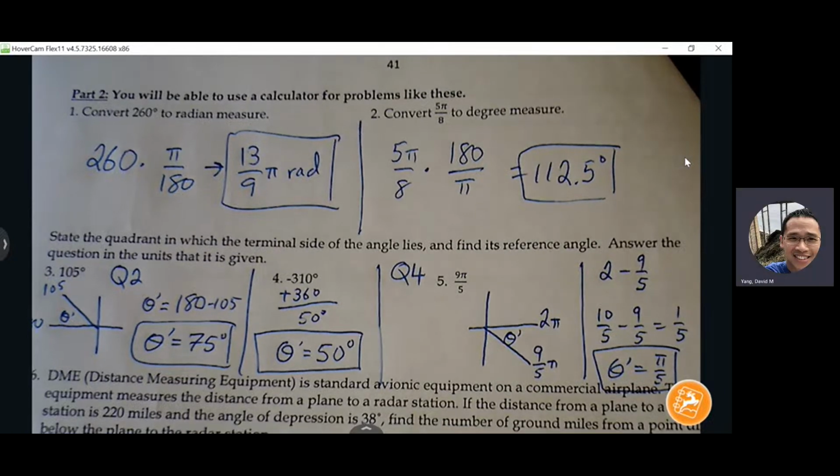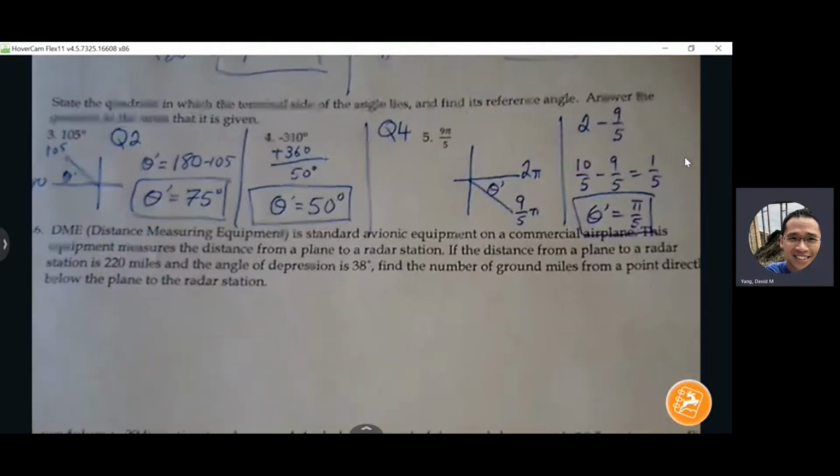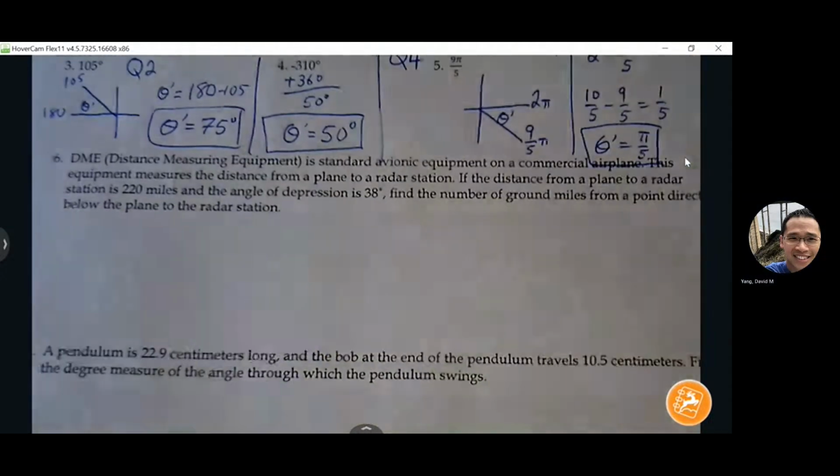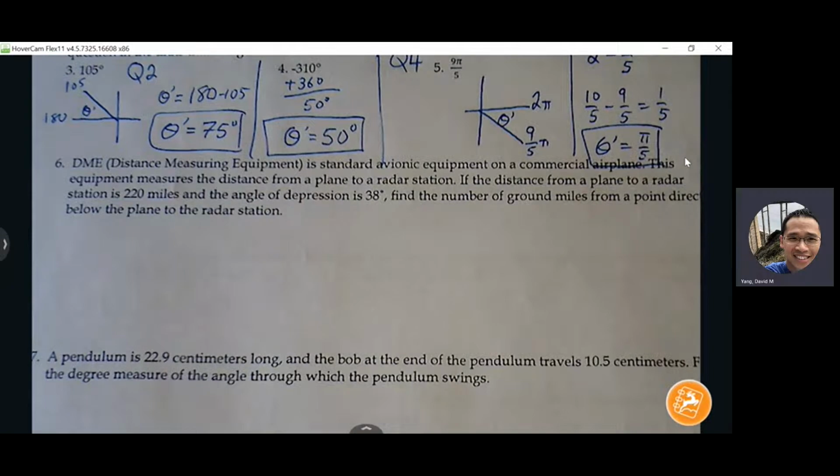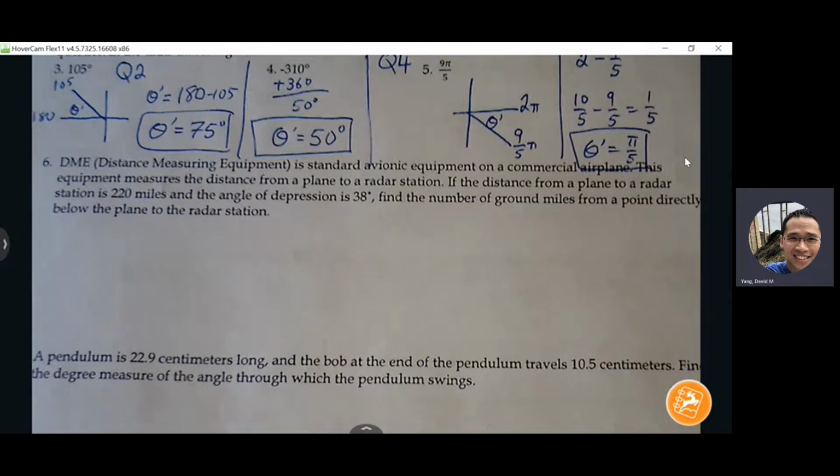Okay, number 6. This is a right triangle trig problem. We draw a triangle and we have to figure out either a missing side or a missing angle. Distance measuring equipment is standard avionic equipment on a commercial airplane.